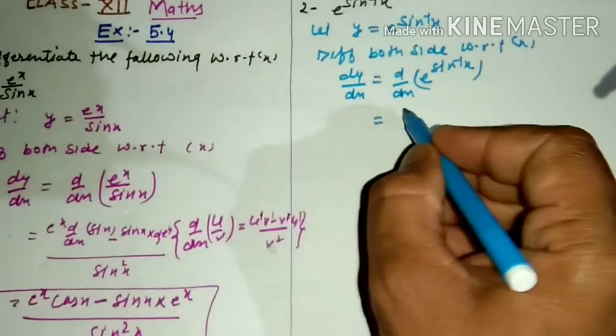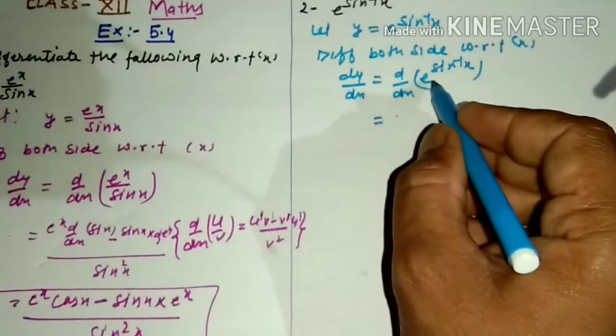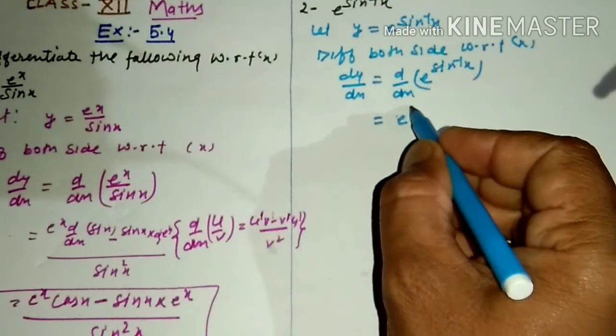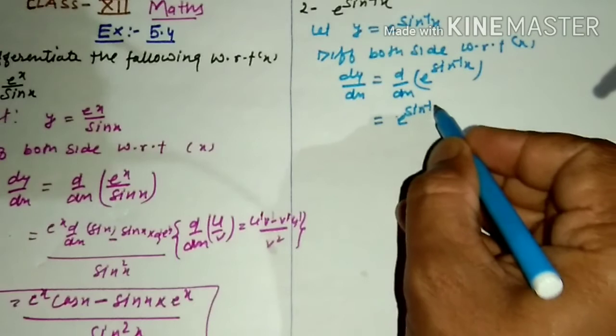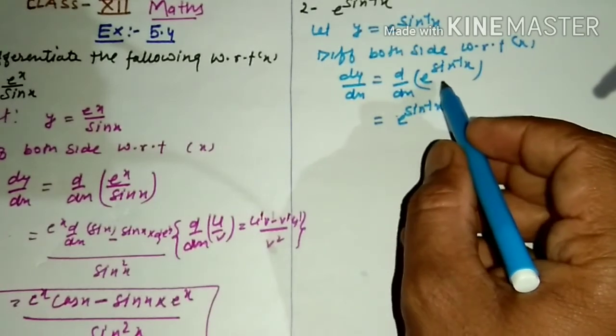We know that the differentiation of e to the power x is e to the power x, so in place of x we have sin inverse x.